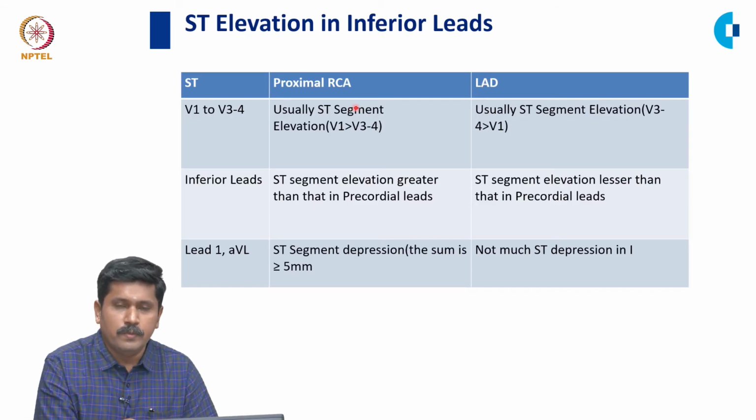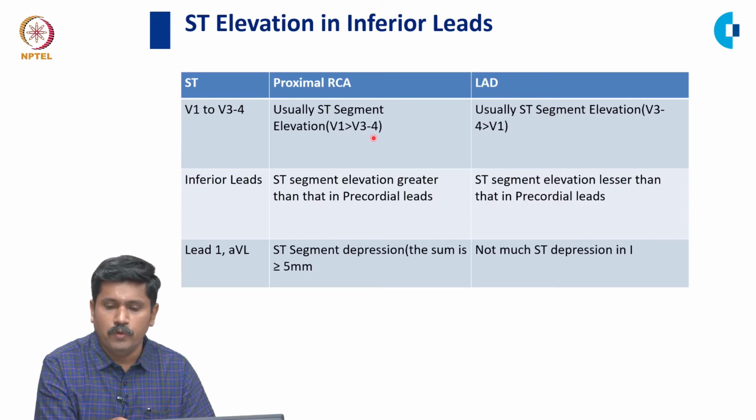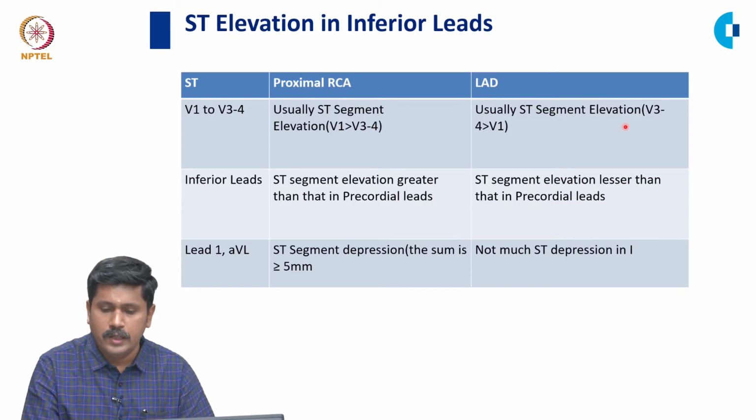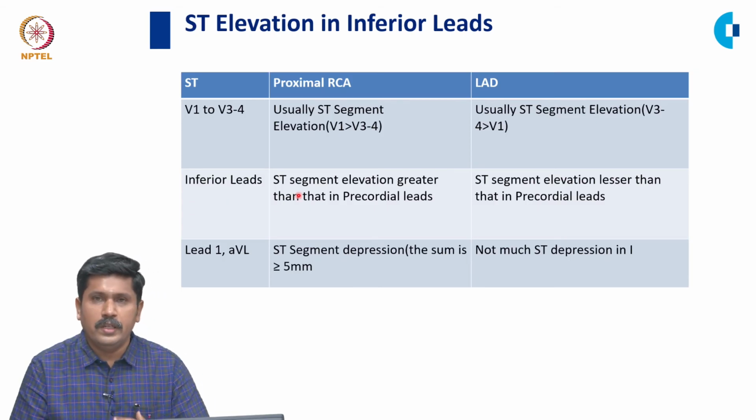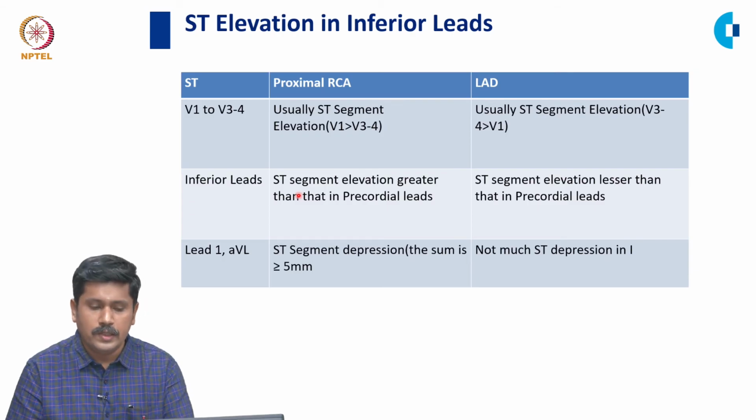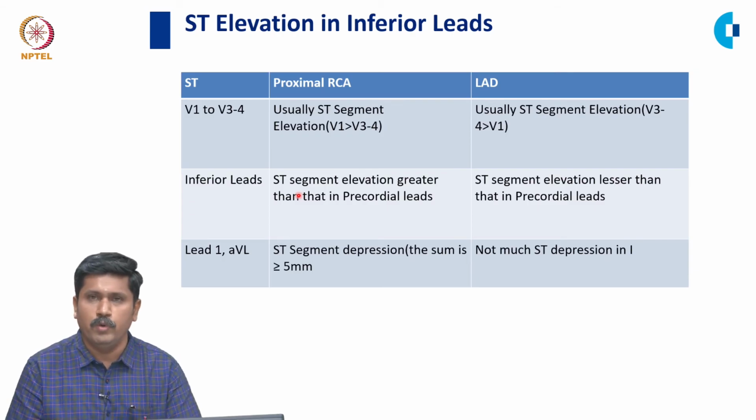So in case of a proximal RCA occlusion presenting as an inferior wall MI, if there is an ST elevation, usually it will be limited to V1, and V1 ST elevation will be more when compared to the ST elevation in V3 to V4. Whereas in case of an LAD lesion, V3 to V4 ST elevation is more when compared to the ST elevation in V1. Similarly, in case of an inferior wall MI, the ST elevation in inferior leads will be more when compared to the ST elevation in the precordial leads, that is V1 to V3.